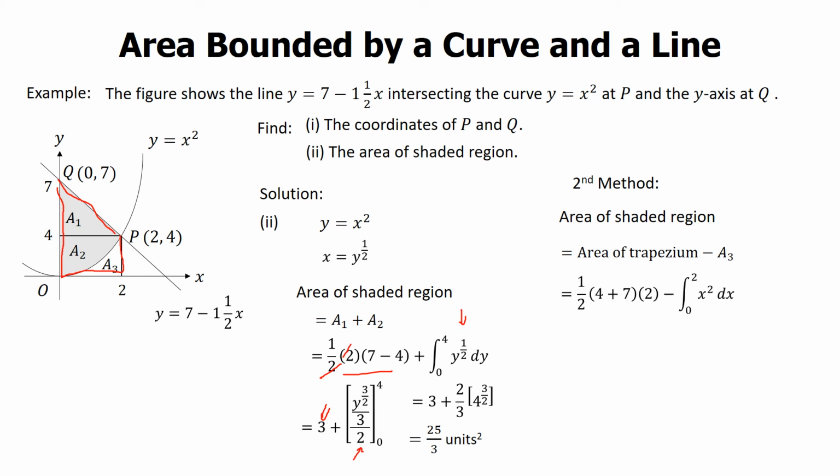It will be half times 4 plus 7 times 2, which is the area of the trapezium, and then minus the integration to get A3, which is the integration from 0 to 2 of x squared dx. The area of the trapezium is 11, and for A3 we integrate x squared, we get x cubed over 3 from 0 to 2, so we get 11 minus 8 over 3, and the answer is the same, which is 25 over 3 units square.